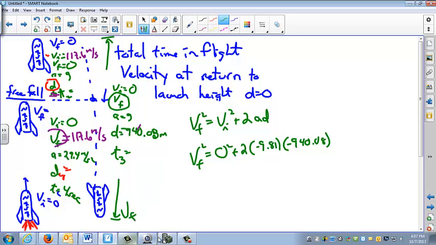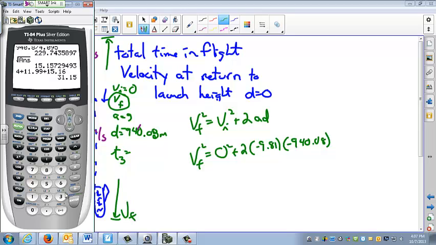So doing a quick calculation, we have 2 times 9.81 times 940.08 gives me a total there of 18,000. Now I'm going to have to take the square root of that.